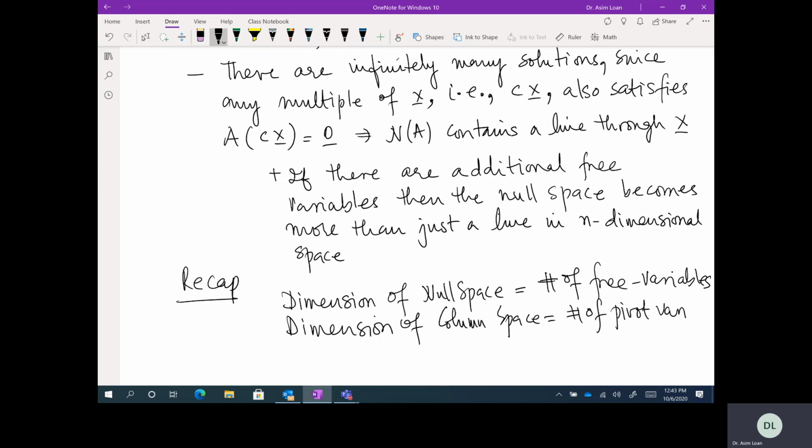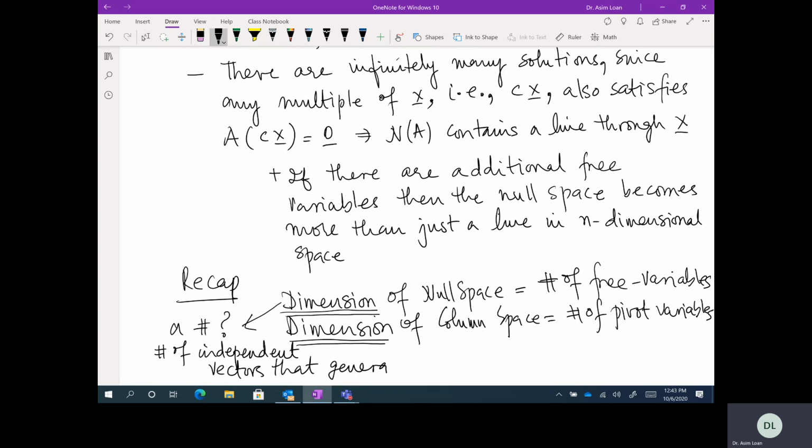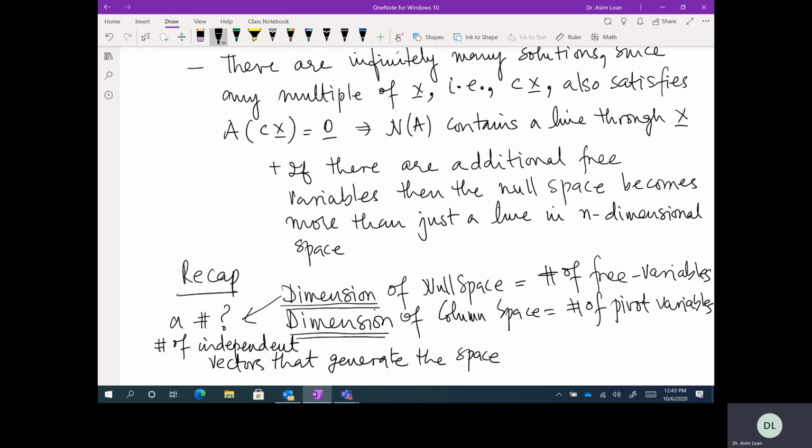Why? Because the number of pivot variables tells you the number of independent columns, and the number of independent columns tells you what generates the column space. So what is dimension? You need to wait until the next lecture. Dimension is simply a number. What number? It's the number of independent vectors that generate the space, and this number cannot be increased or decreased.